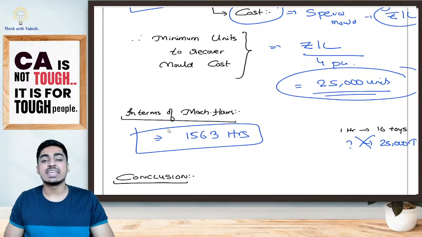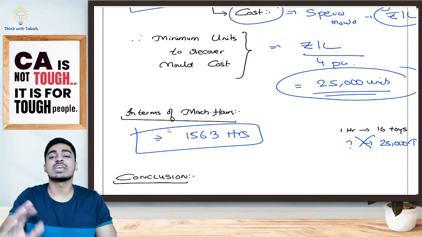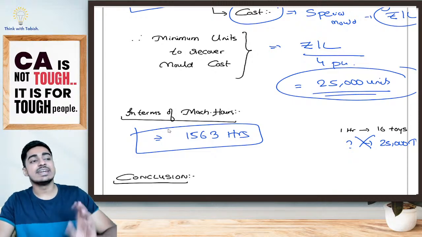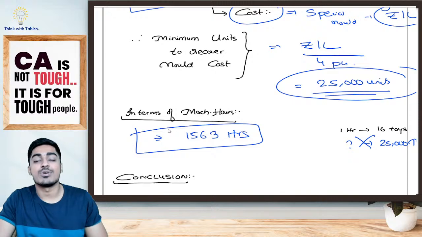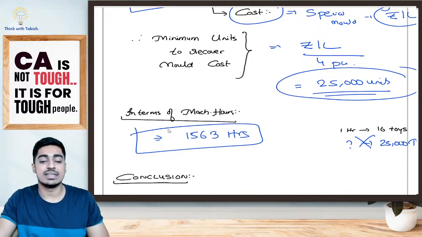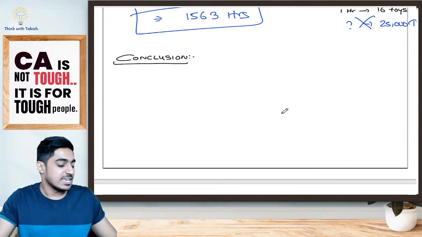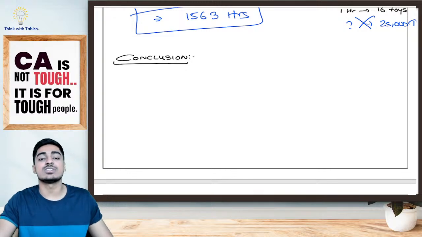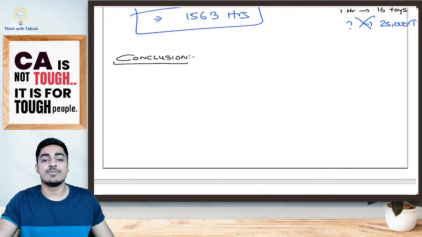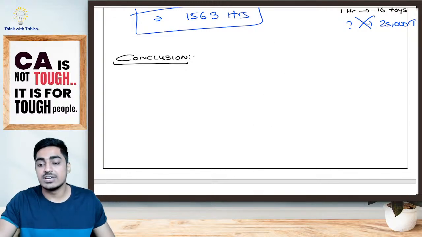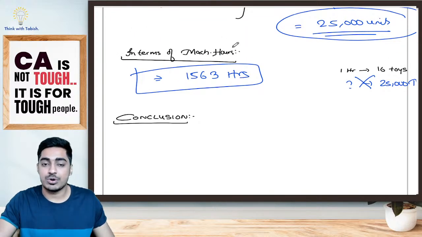But if the spare capacity is less, say 1000 hours only, then it is better we give it directly to the subcontractor. Is it clear, students? The conclusion is, if at least 1563 hours of spare capacity is there with us, we will manufacture on our own. Otherwise, we will give it to the subcontractor only.